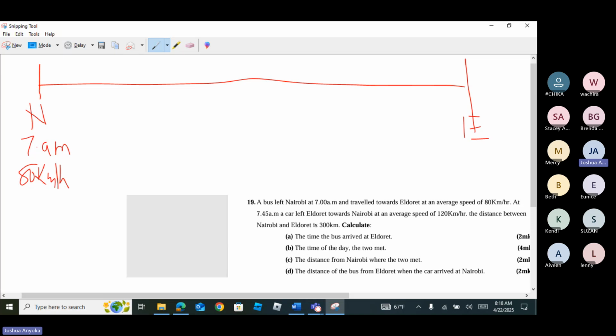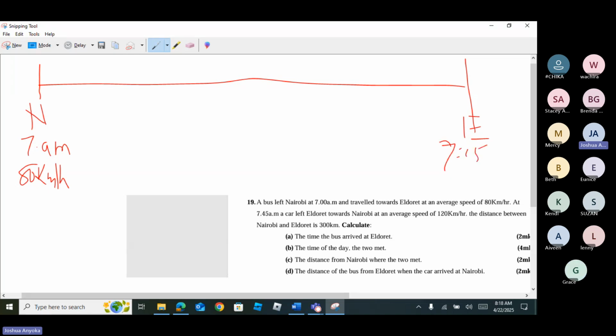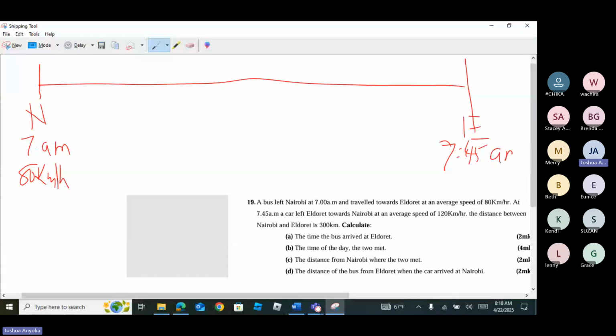At 7:45 a.m., a car left Eldoret. So we have a car which is leaving Eldoret at 7:45 a.m. and traveling at an average speed of 120 kilometers per hour. Try to shelter your thinking in a way that you cannot leave out any information.